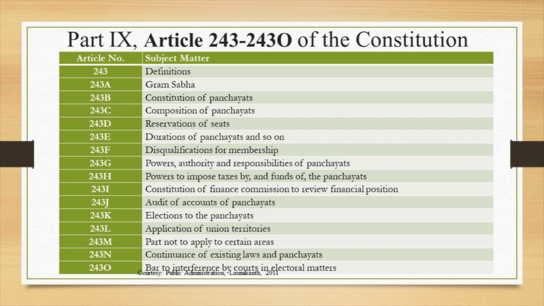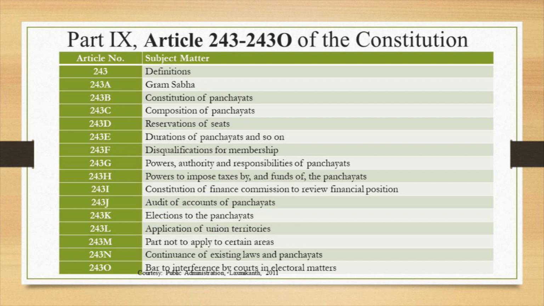It states that a Gram Sabha may exercise such powers and perform such functions at the village level as the legislature of a state may provide. Article 243B provides that every state shall constitute panchayats at the village, intermediate and district levels.